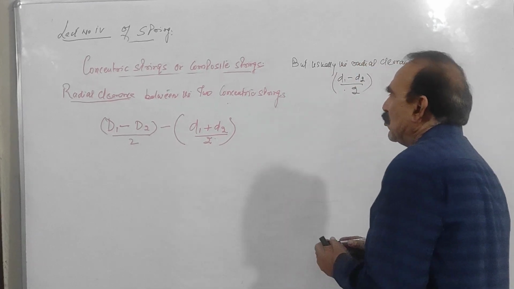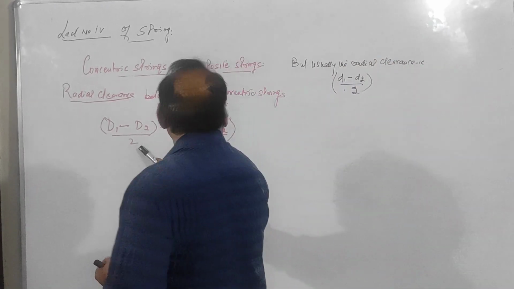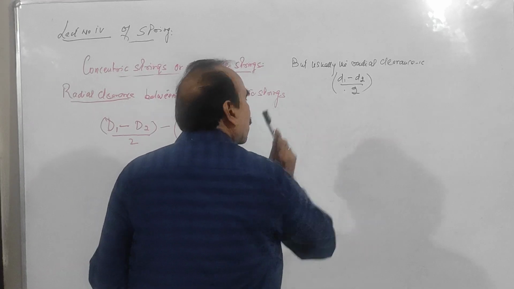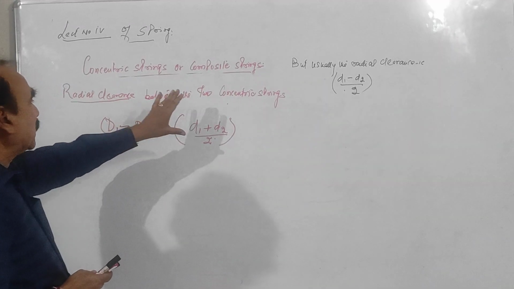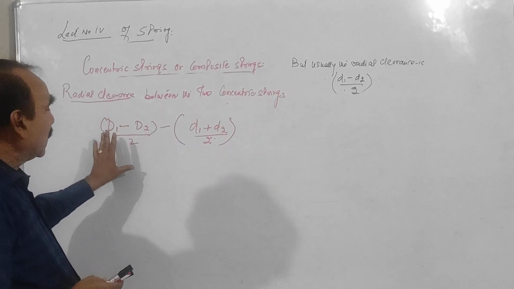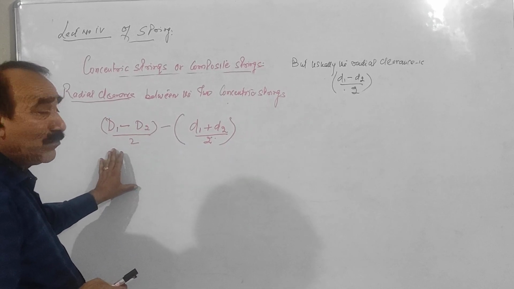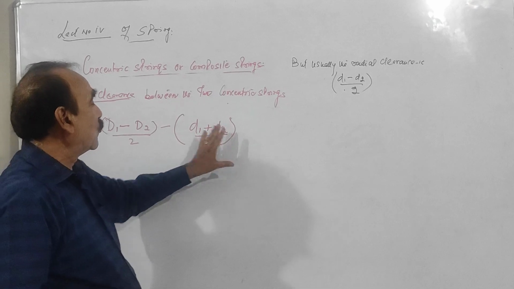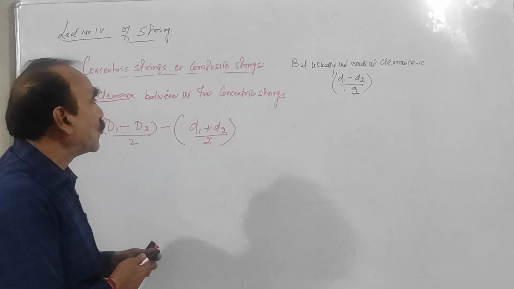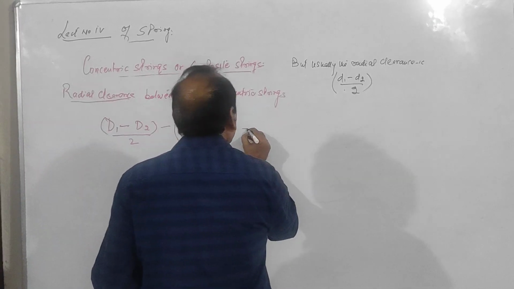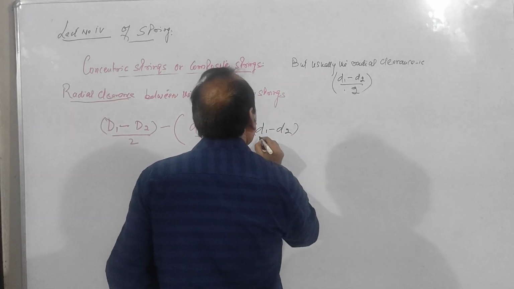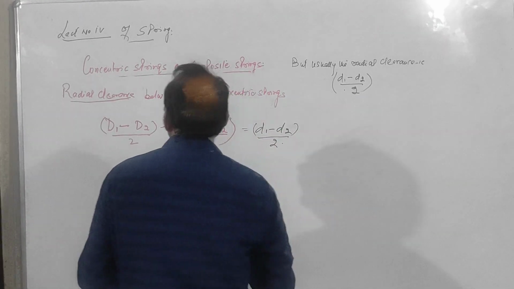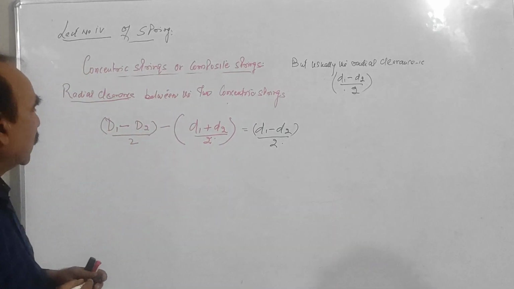Right? So you can say this equation you can equate with this equation. You understand this point? So the radial clearance between the two springs, this I calculated: d1 minus d2 divided by 2 minus d1 plus d2 divided by 2, and this is equal to d1 minus d2 divided by 2, right? Is there any problem?